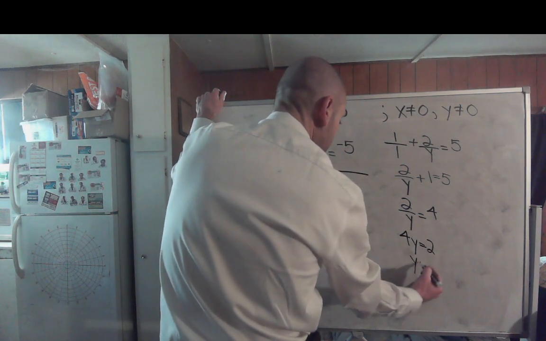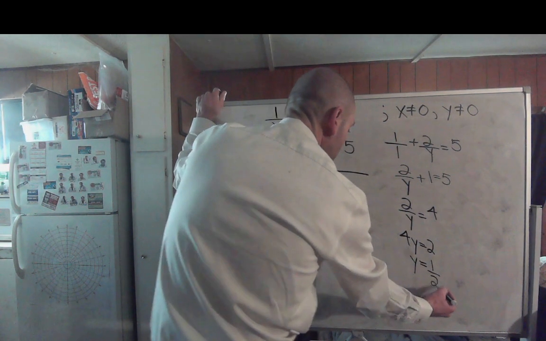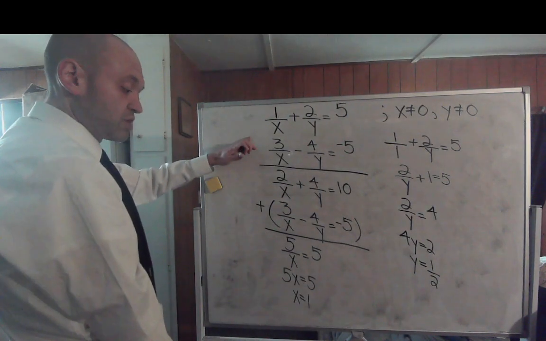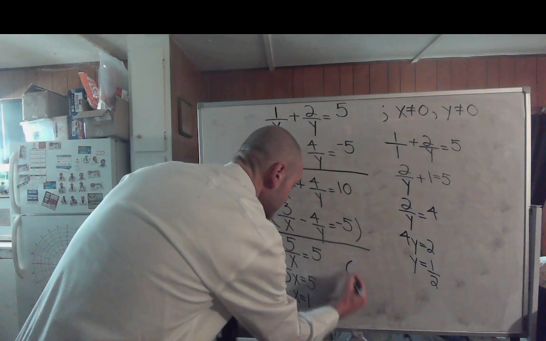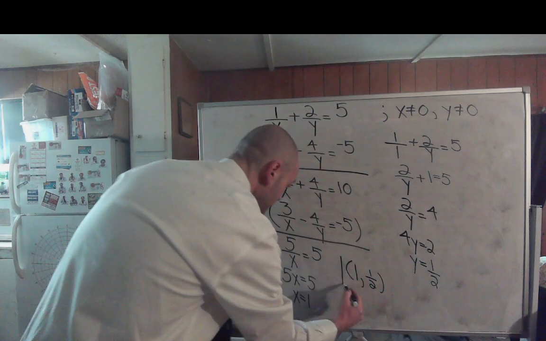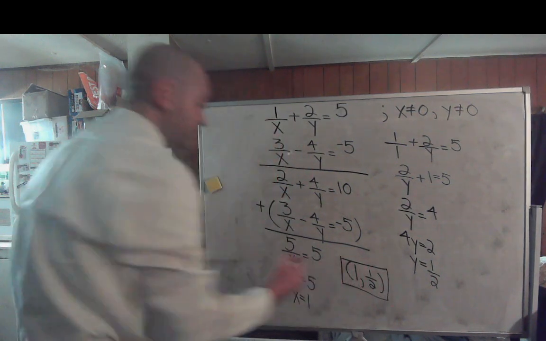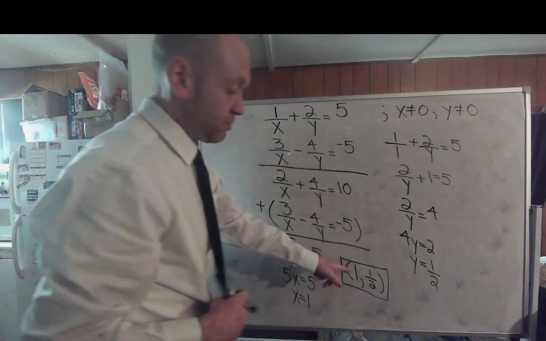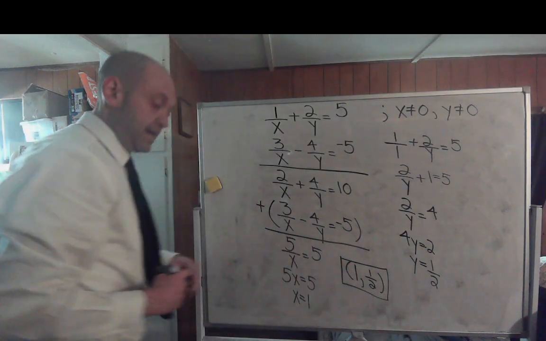And then y equals 1/2. So these two rational curves will intersect at the point 1, 1/2.